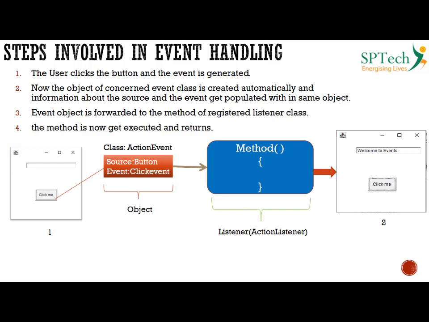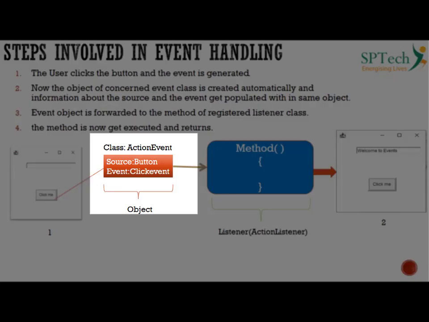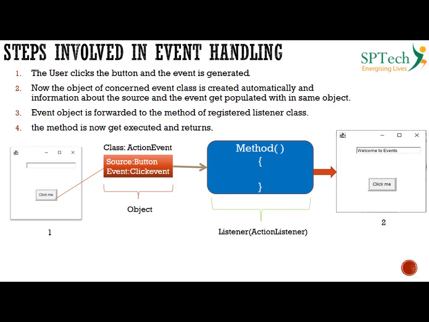When I click on that button, an event called click event is generated, and this click event object belongs to a class called ActionEvent. This object has all the details about the source of the event, and it also knows what event is generated. Now this event is forwarded to a method of a registered listener class.